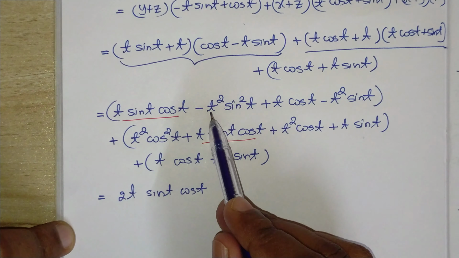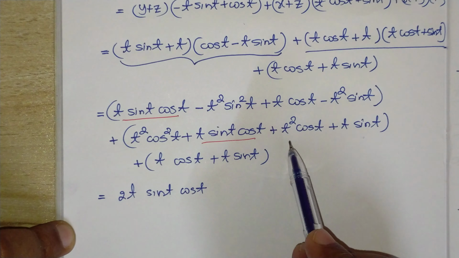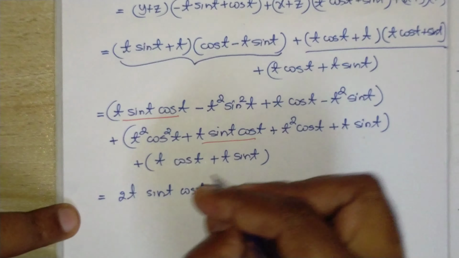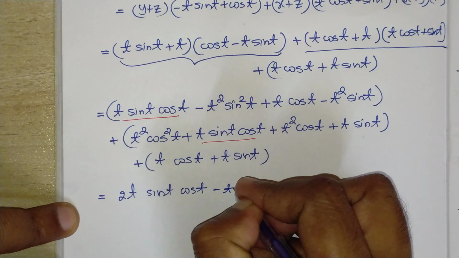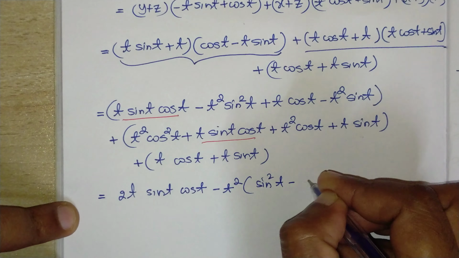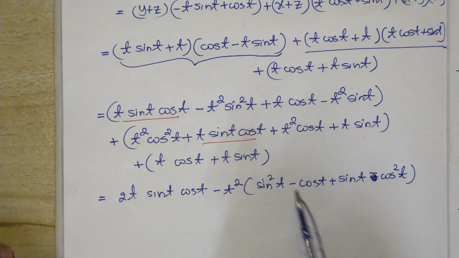So we can take minus t square sin square t and here plus t square cos square t, right? So let me take minus t square common.